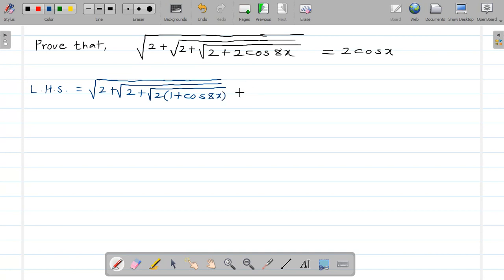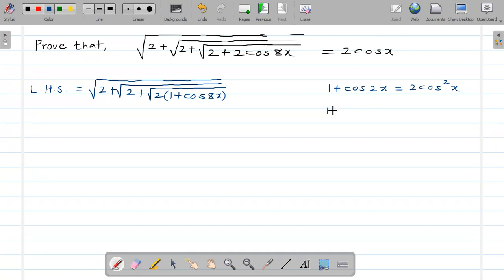As per our knowledge, we know that 1 plus cos 2x is equal to 2 times cos square x.